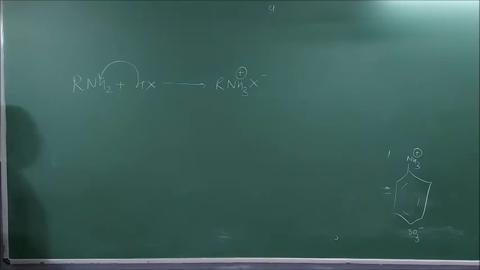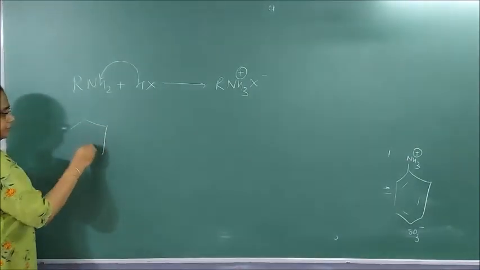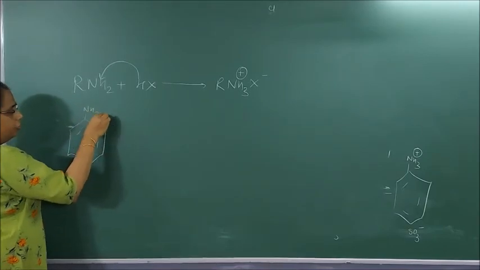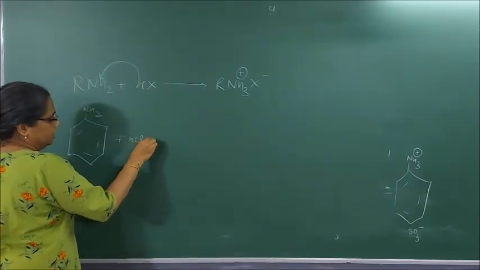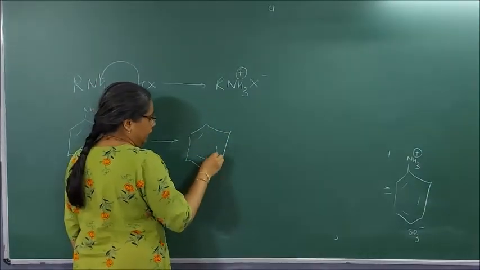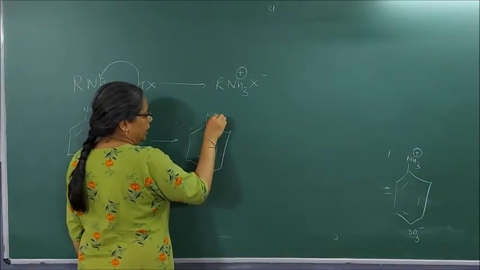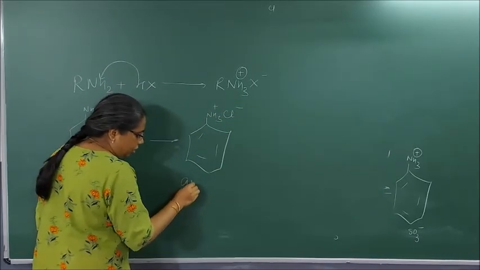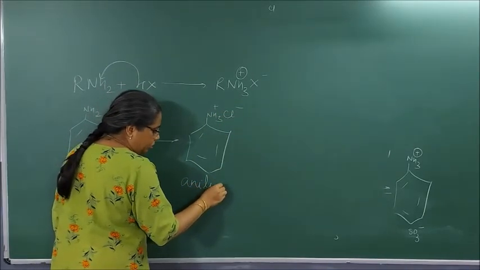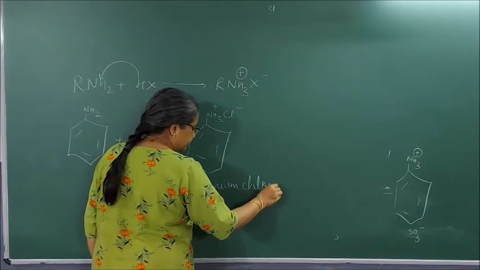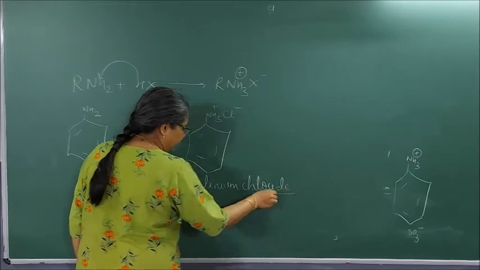Correct? If I take aniline, C6H5NH2, and react it with HCl, it forms what? It gets protonated again: C6H5NH3+ Cl-. This is called what? Anilinium chloride.